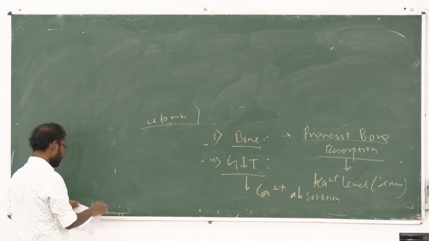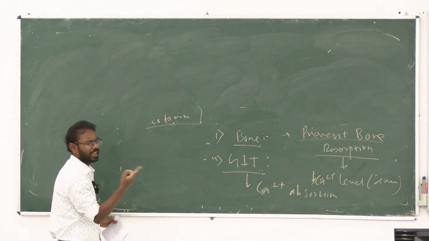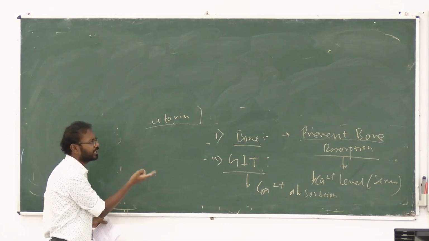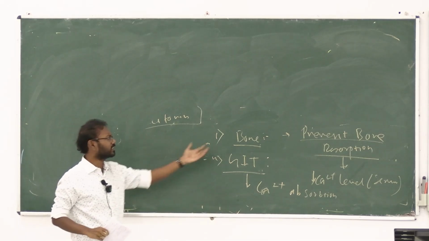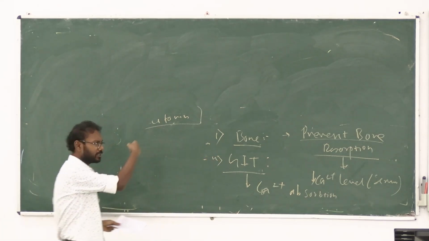Okay? So calcitonin is ultimately not a friend of calcium, but it is bone friendly because it always decreases bone resorption. By that mechanism.